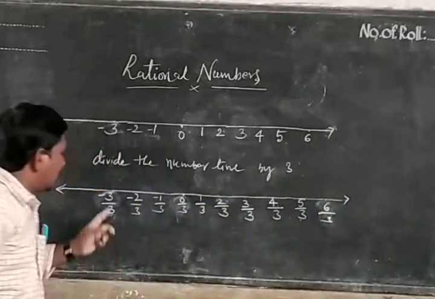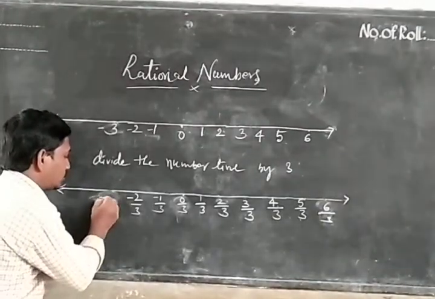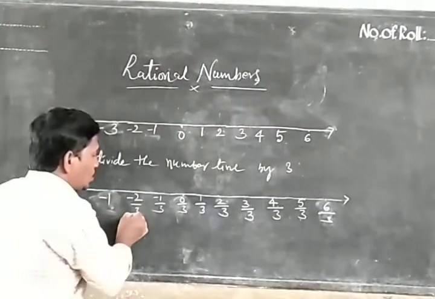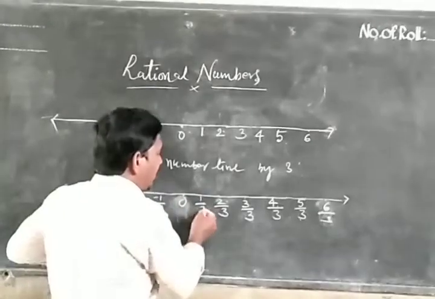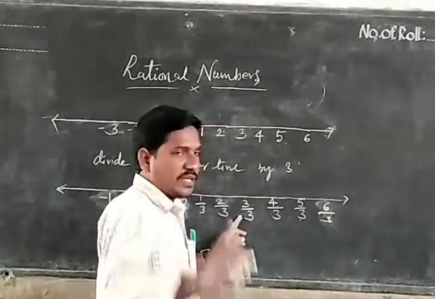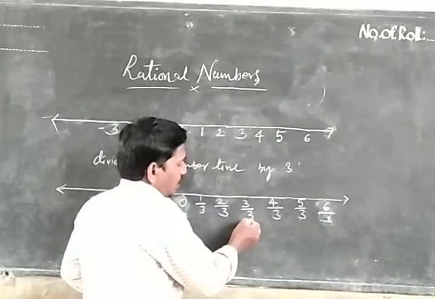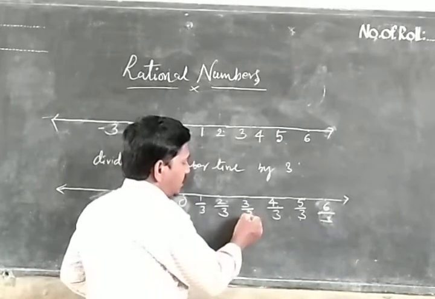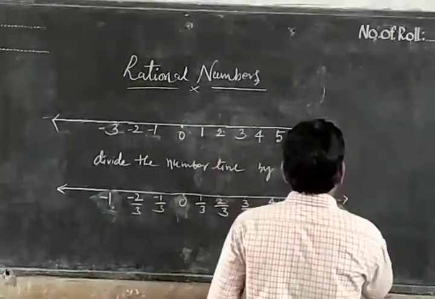Minus 3 by 3 means minus 1. 0 by 3 means 0. 3 by 3 means 1, so no change. 6 by 3 means 2.